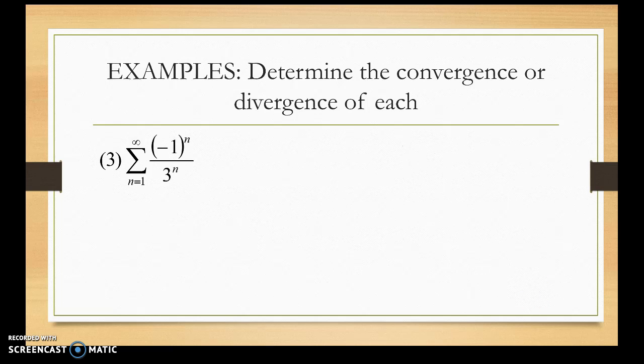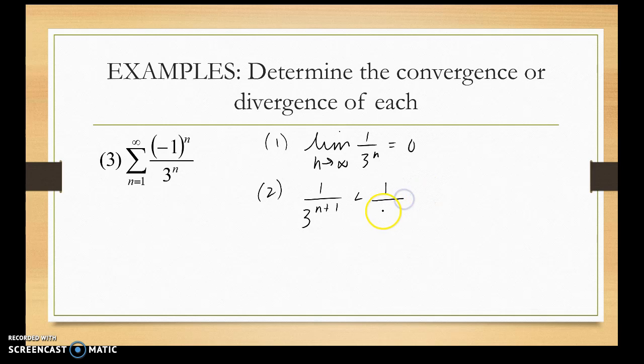Okay, last one, alternating series. First condition, limit as n approaches infinity of a sub n is definitely 0. We have to show that a sub n plus 1 is less than or equal to, won't be equal to in this case, a sub n.